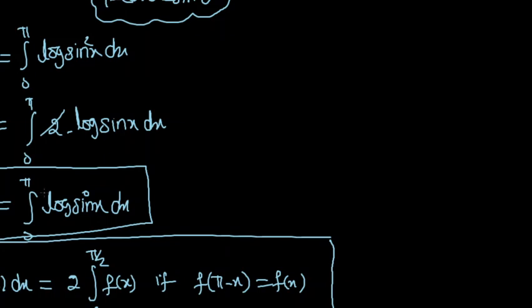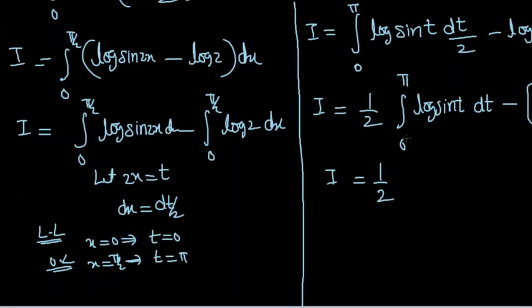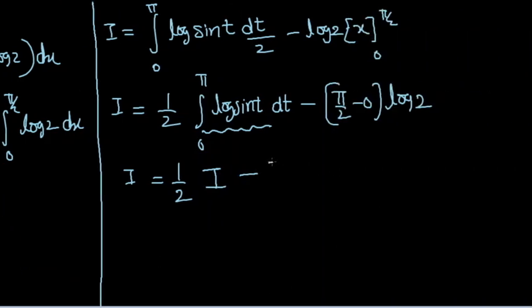That means integral 0 to pi of log sine with respect to the variable gives I, so in the place of this term we have to write I. So I minus pi by 2 into log 2.